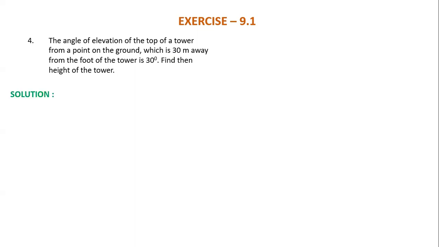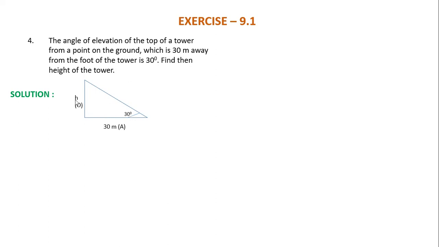Let us see how the figure looks. This is the tower, 30 meters away from the tower. He looks at the top of the tower. The angle made is 30 degrees. To find the height of the tower.